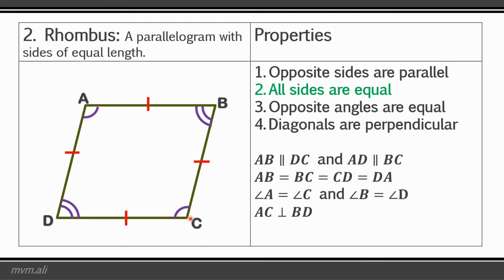Angle A is equal to angle C and angle B equal to angle D. One more condition is that diagonals are perpendicular. That means the diagonals AC and BD are perpendicular to each other. AC perpendicular to BD. That is one more condition for a quadrilateral to be a rhombus.